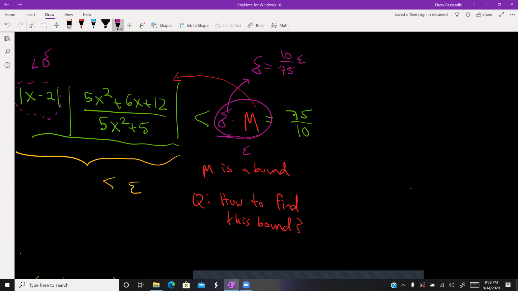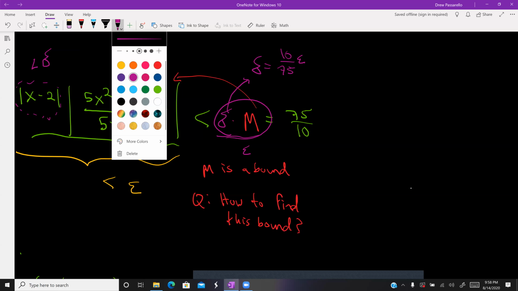So then we have 10 over 75 times epsilon times 75 over 10. Those fractions cancel out so that you get epsilon. So that's how we're going to choose our delta.